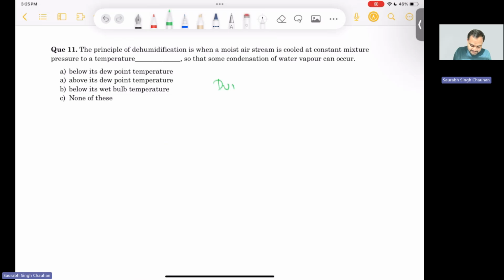So for dehumidification, we need to remove water. To remove the water, what we need? We need condensation.